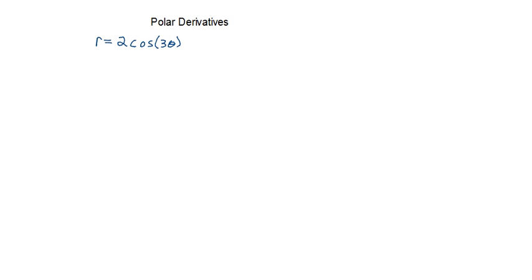We are going to take the derivative of this polar equation. To start with, we have to convert it into parametrics, because we know how to take the derivative of parametric equations. It's not too hard. We use the rectangular conversion that you've been working with. In polar coordinates, x is equal to r times cosine theta, and y is equal to r times sine theta.